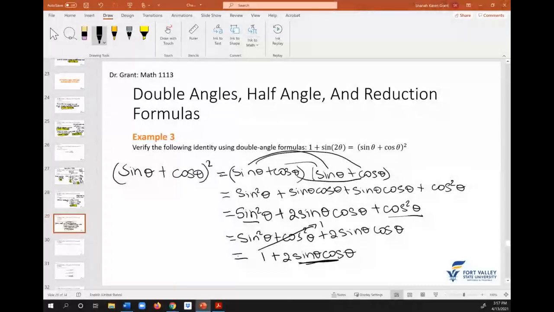Know that 2 sine theta cosine theta, well, that's our identity for sine 2 theta. And so this means we have proven this identity is true.